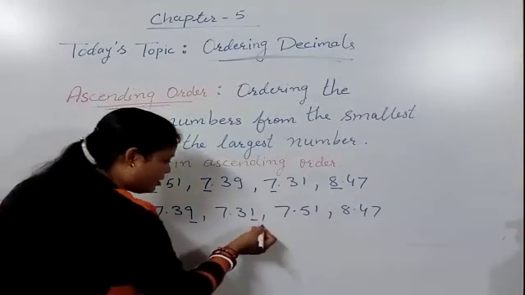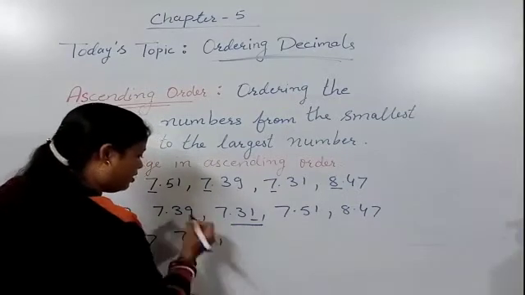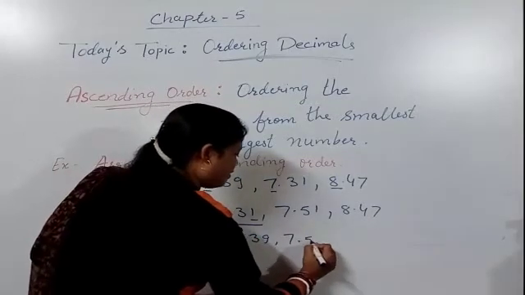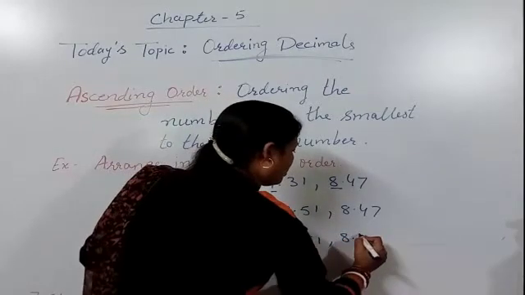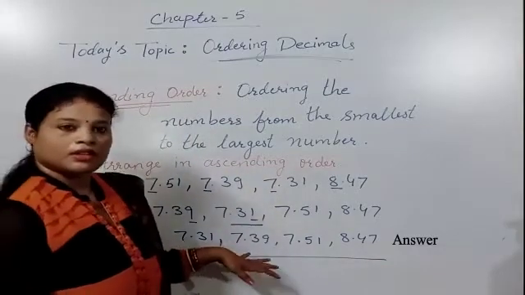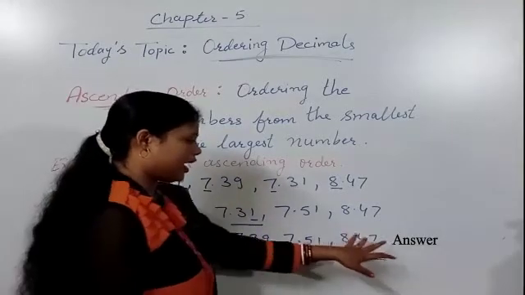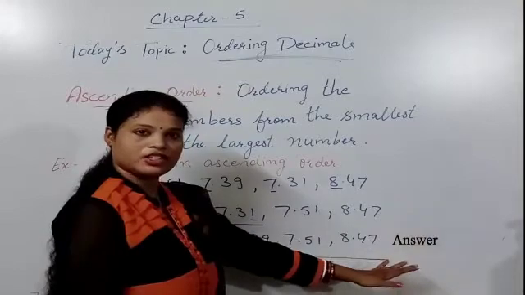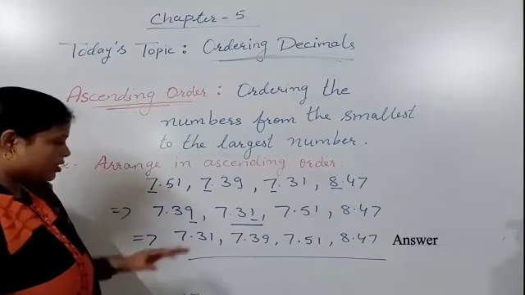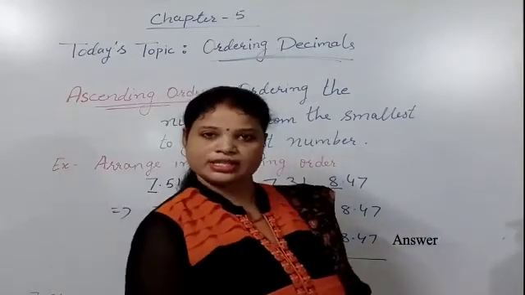So we'll write this one first: 7.31, then 7.39, 7.51, 8.47. Arranged in ascending order. So our answer is 7.31, 7.39, then 7.51, then 8.47.